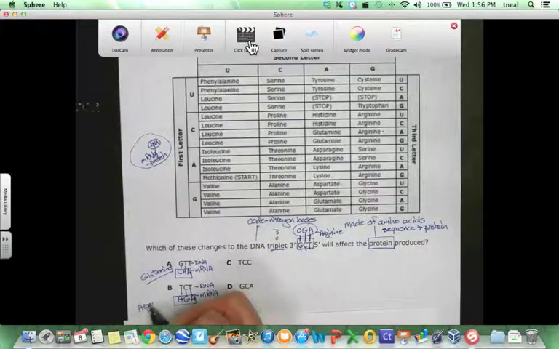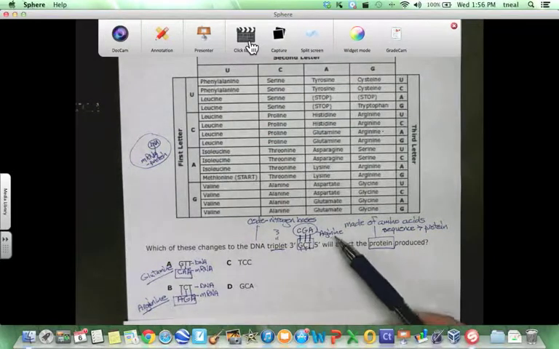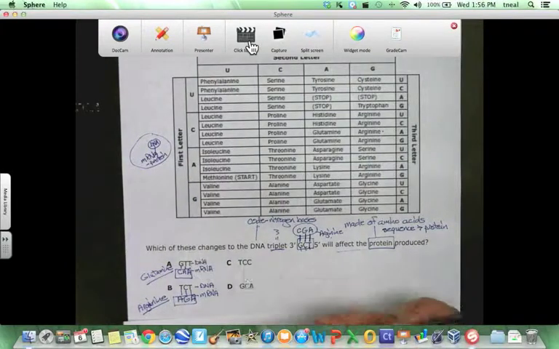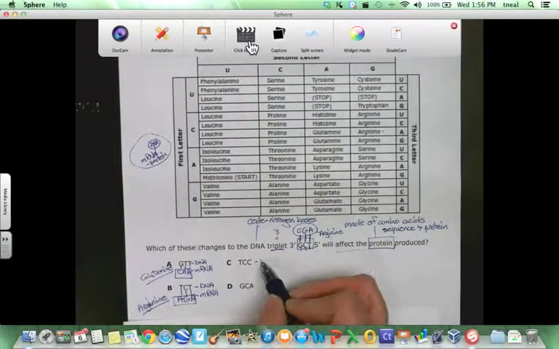All right. So far this amino acid is the same as this one, and we're looking for something that's going to affect that protein.